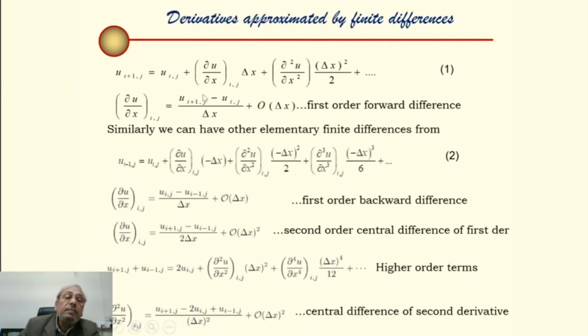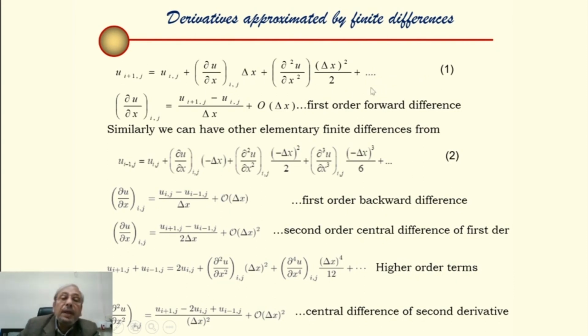For example, u at i+1,j is u_ij plus del u/del x at ij into delta x, del 2u/del x2 at ij into del x square by 2, and higher order derivatives subsequently will appear. We have for the time being neglected.